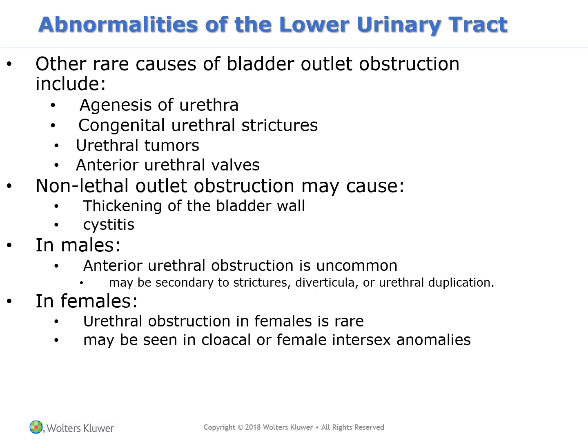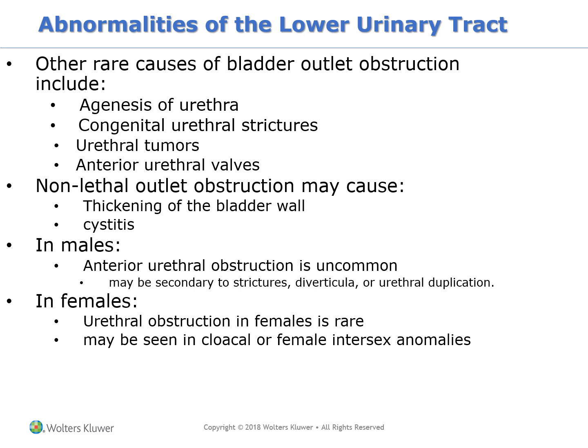So usually if we have a bladder outlet obstruction, it's going to be somewhere in that urethra or the bladder neck that feeds into the urethra. So some of the things that can cause that obstruction would be agenesis of the urethra altogether. This would cause the bladder to not be able to empty. Congenital urethral strictures, remember that those are going to narrow and make the outlet less open for flow.